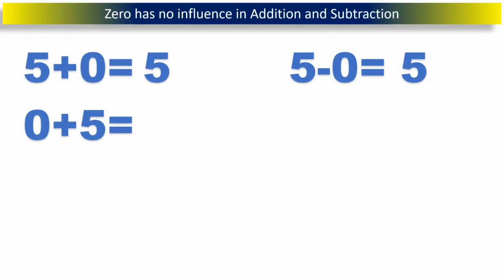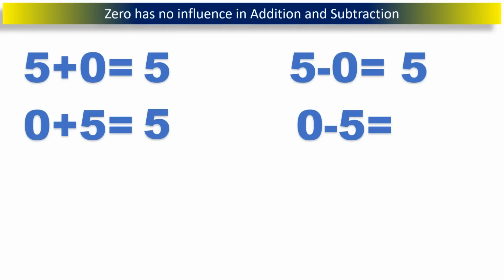Another example, 0 plus 5. What if 0 comes at the beginning? Since you are adding these two numbers and 0 is powerless during addition, you will get the answer as exactly 5. Another example, 0 minus 5. As I said, 0 has no power during addition and subtraction, right?